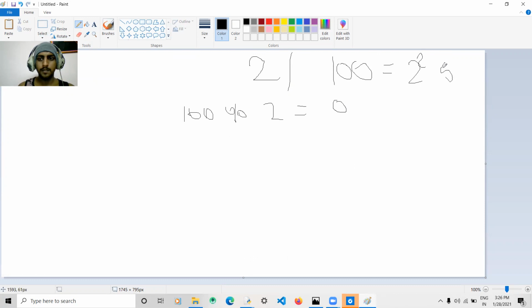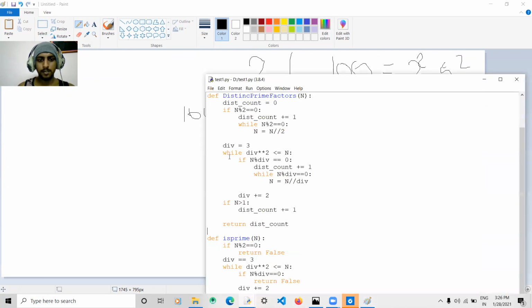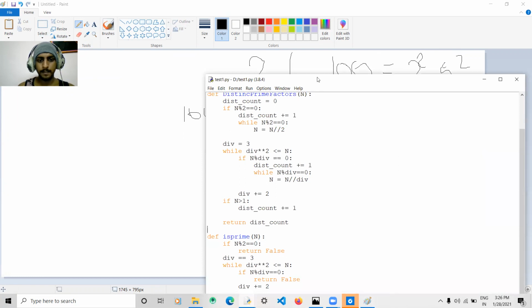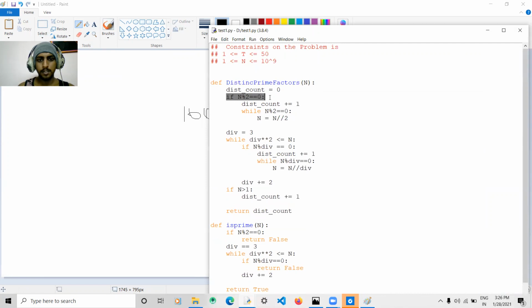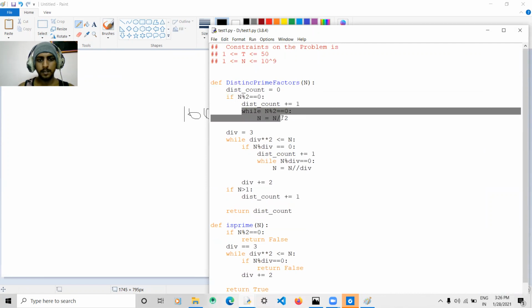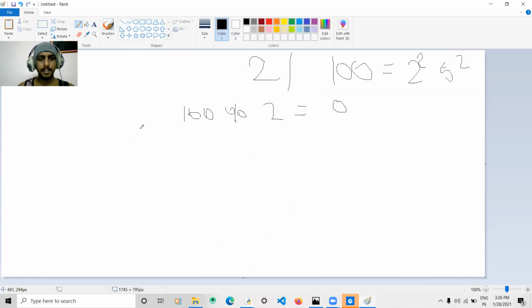So it is 2 square and 5 square. So this line of code will get executed. If n modulus 2, we increase the count and we divide n by 2, and then we move on. We say 3. Now the number after being divided by 2 is 25.